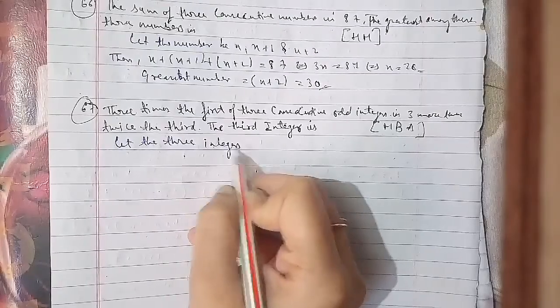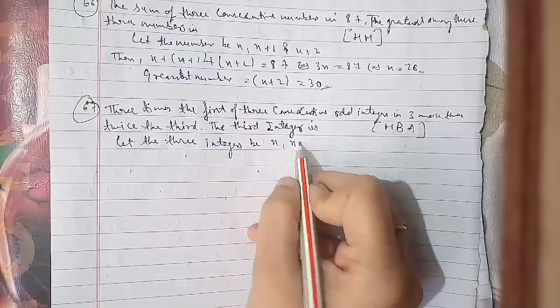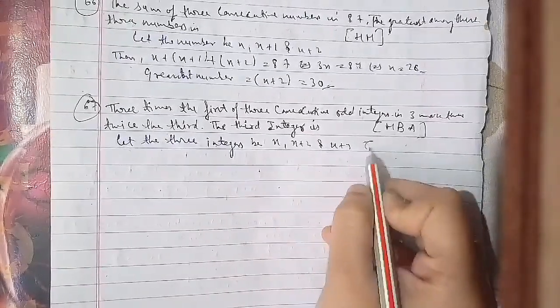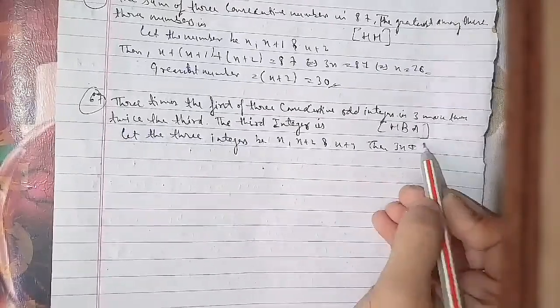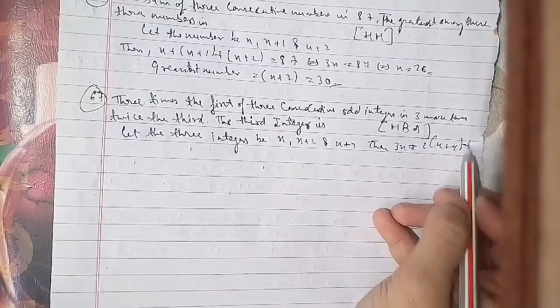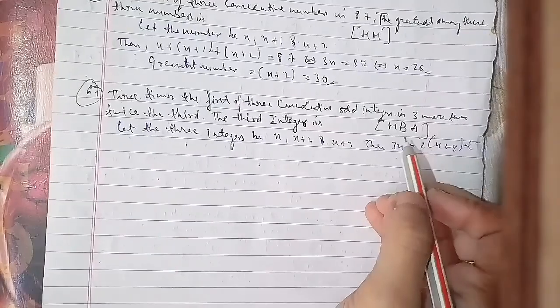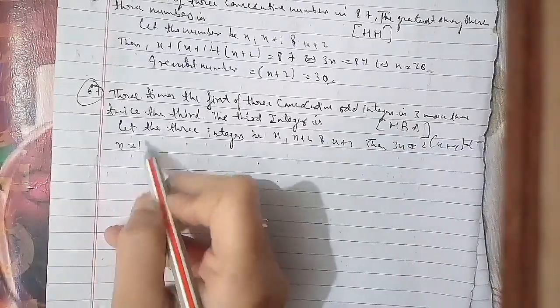That will give us x equals 11. So the third integer equals x plus 4 equals 15, that we have as an answer here.